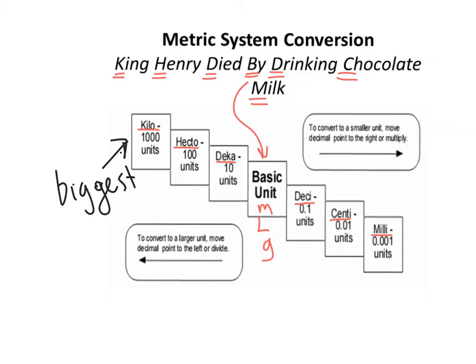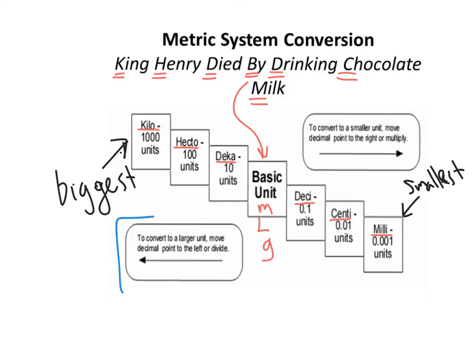So kilometers, kiloliters, kilograms, those are all the biggest things that we could have. And then over on the right side here, if we had millimeters, milliliters, milligrams, those are all the smallest things. Okay, so it's good to know what's big and what's small.